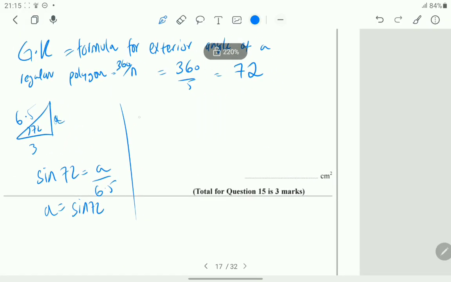We all know that the formula for the area of a triangle is 1/2 times base times height, which is 1/2 times 3 times A, so 1/2 times 3 times 6.5 sine 72, and solving this would give us our answer.